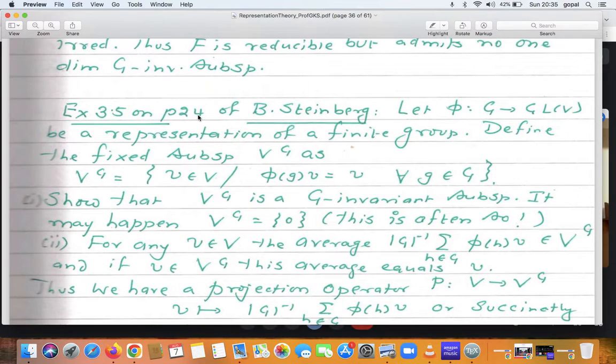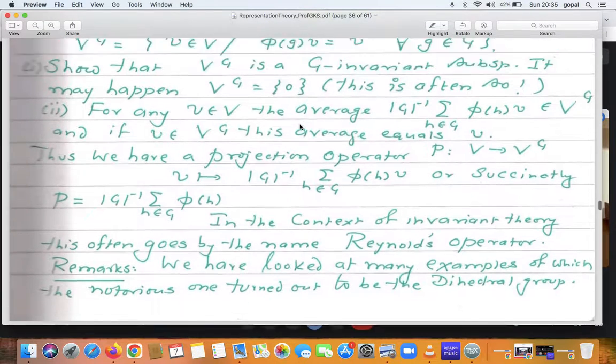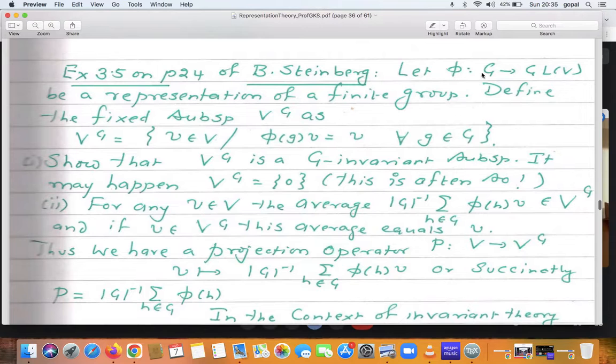And another exercise on page 24 of Steinberg. You take a representation and you define the fixed subspace of V. What is the fixed subspace of V? It consists of vectors which are fixed by all the matrices. So 0 is obviously in the fixed subspace. Other vectors are fixed by all the phi g's, giving the eigen subspace corresponding to eigenvalue 1.